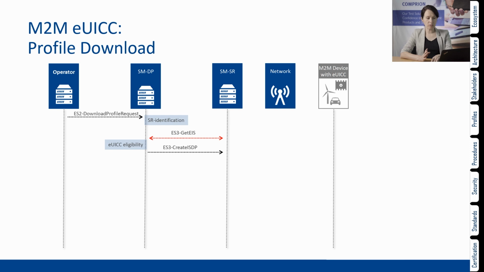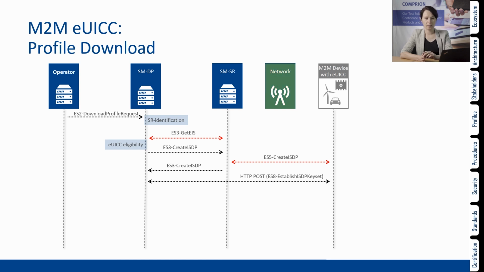If there are no issues, the next step is the ISDP creation. The ISDP creation request will be sent from the SM-SR to the eUICC, and if some mutual authentication is required, it can be performed. But normally this step has already been performed. The information will be sent back.